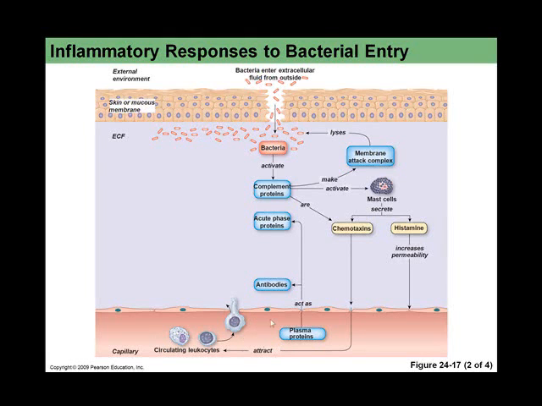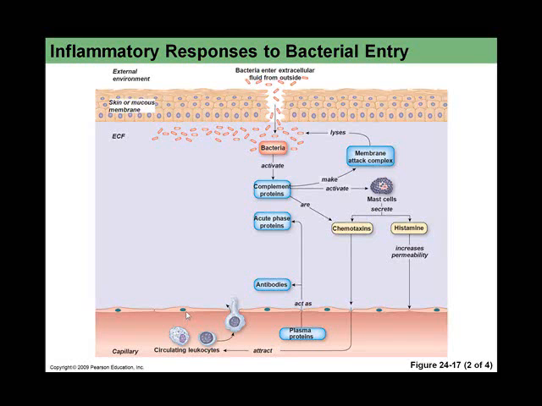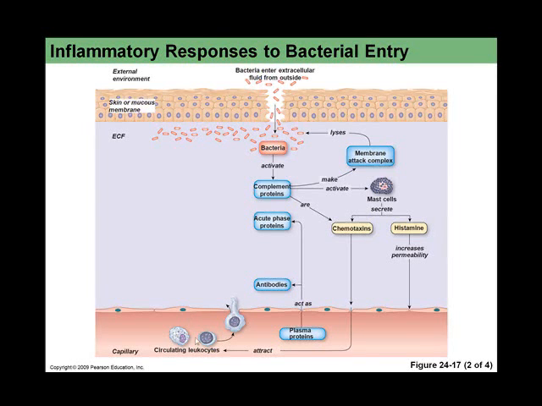Anyway, there's a complex process of generating this infiltration of the tissue, or extravasation, extra, outside of, vascularization, the process of getting out of the vasculature. The extravasation process is quite complex with a lot of signaling, but basically the chemotaxins contribute to that.